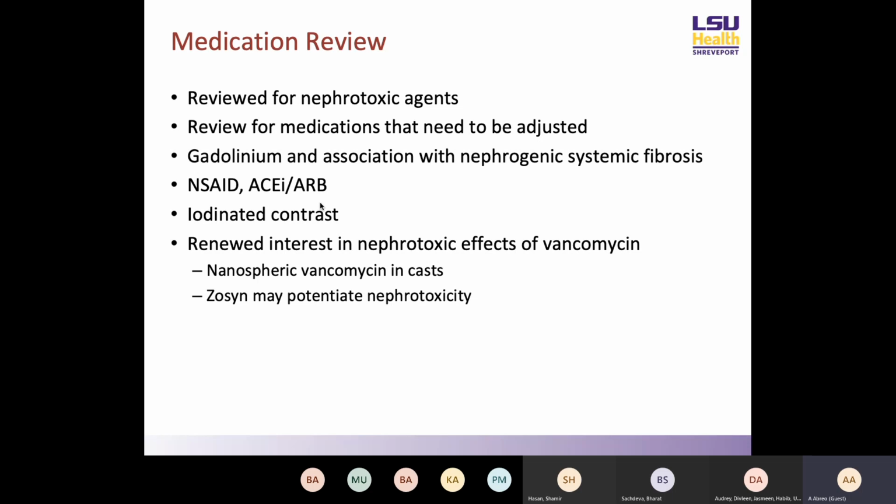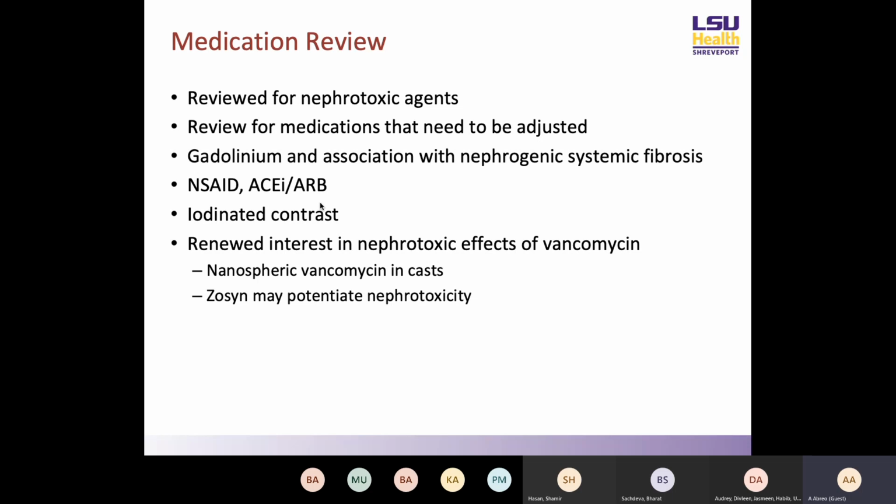So in terms of looking for nephrotoxic agents, you want to see if the patient was on NSAIDs, if they had a community use of NSAIDs and now they're coming in with diarrhea, and you're suspecting an ATN because of that. If they're on an ACE or an ARB, and how that has influenced the progression or their presentation. Certainly you want to be cautious with gadolinium, because patients with advanced chronic kidney disease are at risk for NSF and really bad complications.